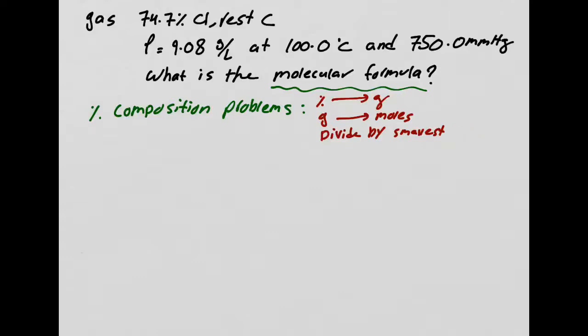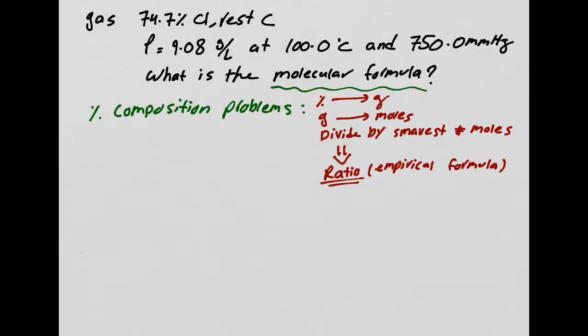When you did that, you would end up getting a ratio, and the ratio would give you the empirical formula. And from there, you could figure out the molecular formula.